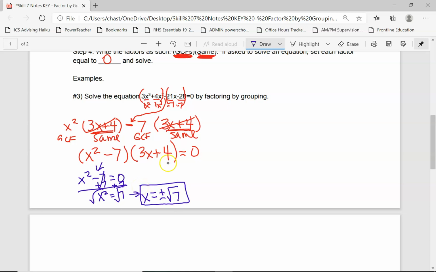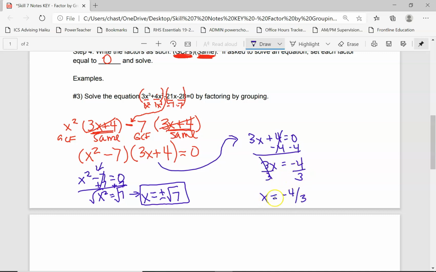That's one of our solutions. The other factor, we just solve out to the side, set it equal to 0. Solve for x by using our inverse operations, and we get x equals negative 4/3. Alrighty, how are we feeling so far?